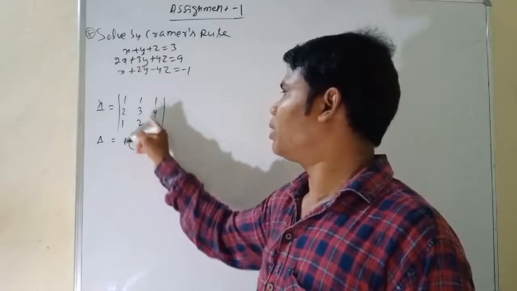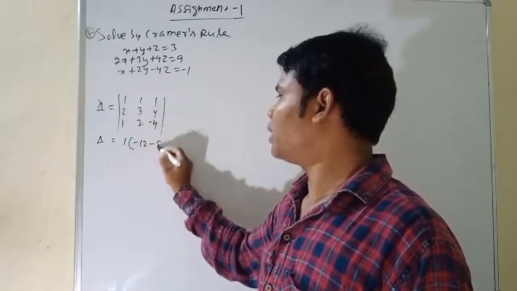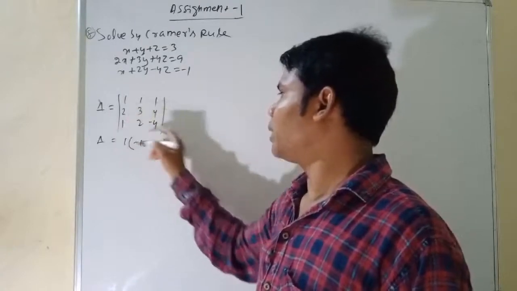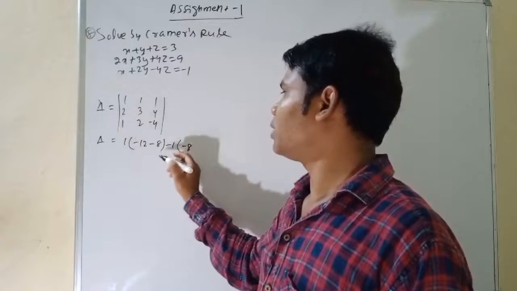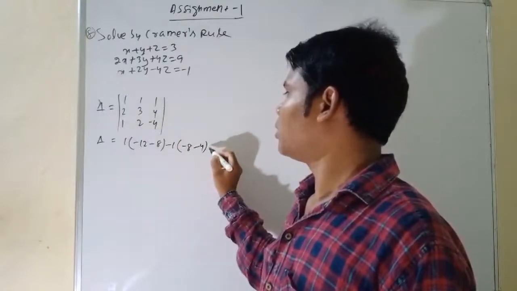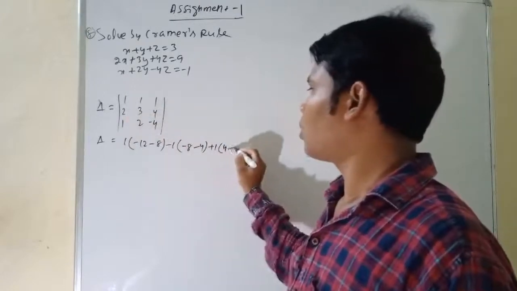1 into 3 into minus 4, that is minus 12, minus 4 into 2, that is minus 8, minus 1 into 2 into minus 4, minus 8. Plus 1 into 4, minus 4, plus 1 into 2 into 2, 4, minus 3.